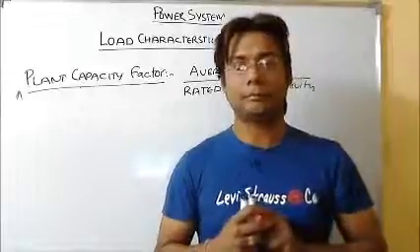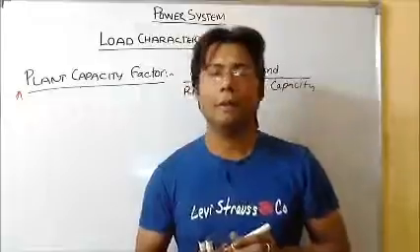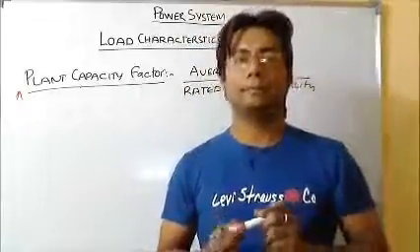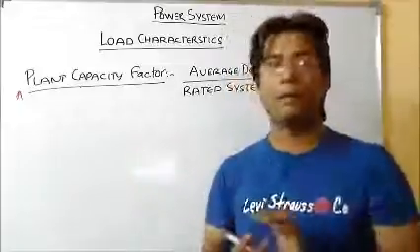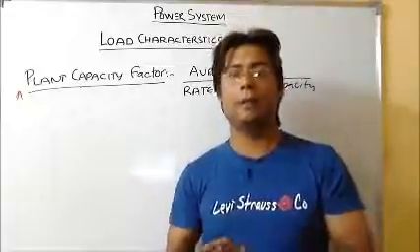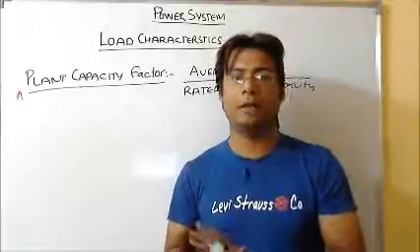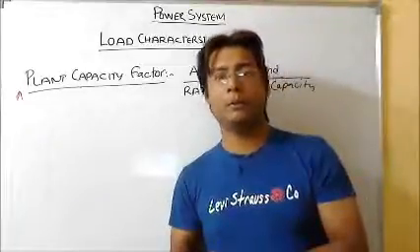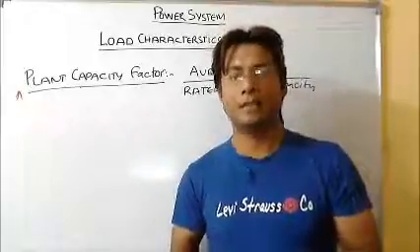And since the plant capacity factor will be lesser, one more thing will be there: the system which is right now working on 30-40 megawatts will be producing electricity of higher cost, and that would actually be passed on to the end customer. So I should have the plant capacity factor as high as possible.